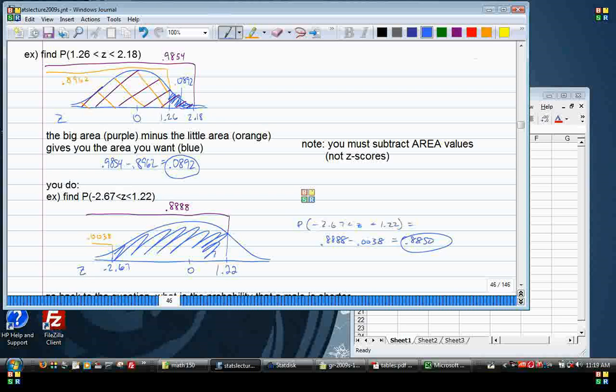Notice how many different decimal numbers there are flying around in this entire problem. There's the 0.0038 here. There's going to be lots of numbers when you do these calculations. Circle your answer, so I know which one is your answer. If it's not clear to me which one is your answer, I can't help you. Okay.